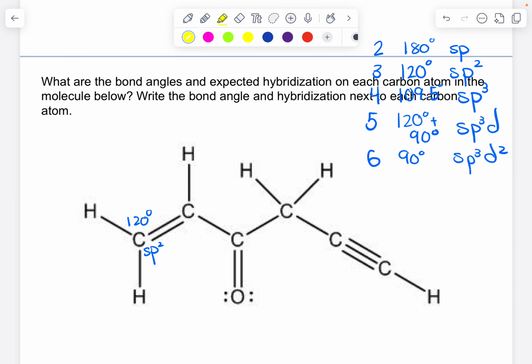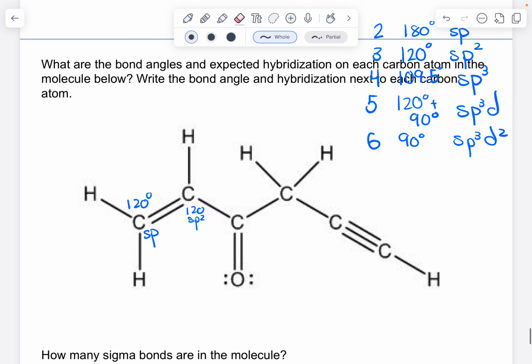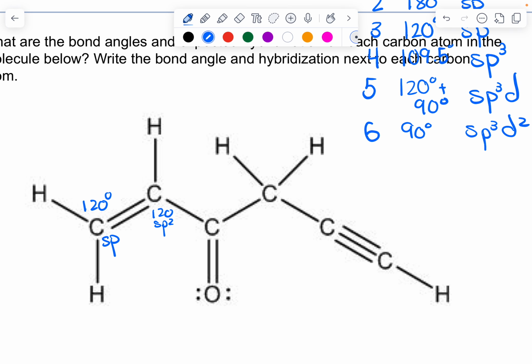Second one, 1, 2, 3. Oh, it's the same. 120, sp2. Okay, next one. Oh man, this is kind of boring now. 1, 2, 3. 120, sp2.